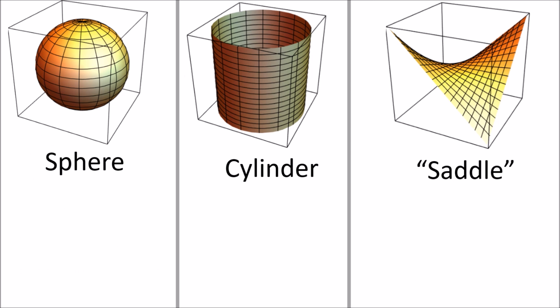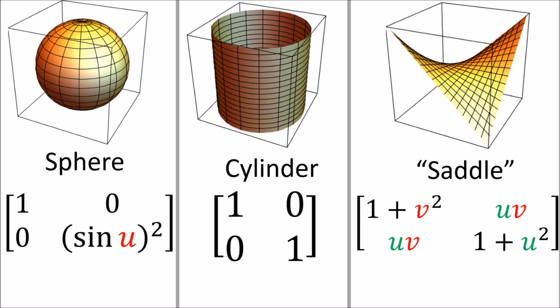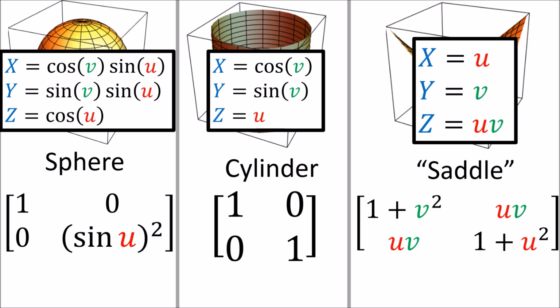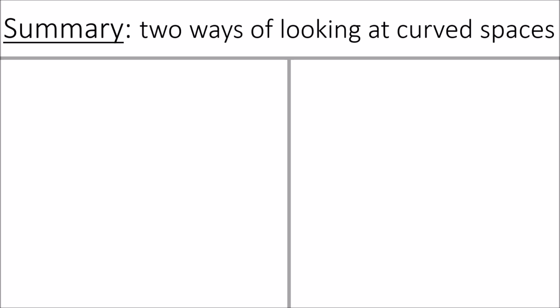And every curved space, whether it's the sphere or the cylinder or the saddle, has its own metric tensor field associated with it that gives you the rules for measuring distance on it. And you can try computing these metric tensors for yourself if you like, using these equations to get the u and v tangent vectors.